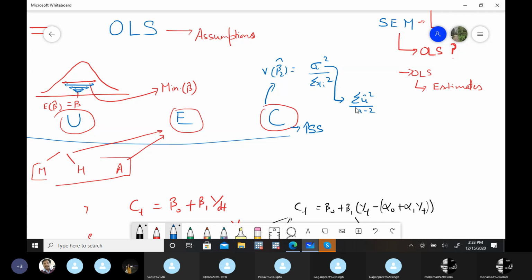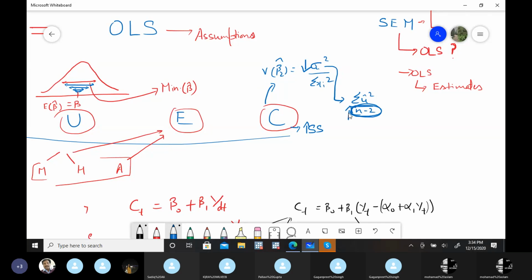If we increase the sample size, n will increase, and this denominator value will decrease. After a certain point, with a large sample size, it will be nearby zero.